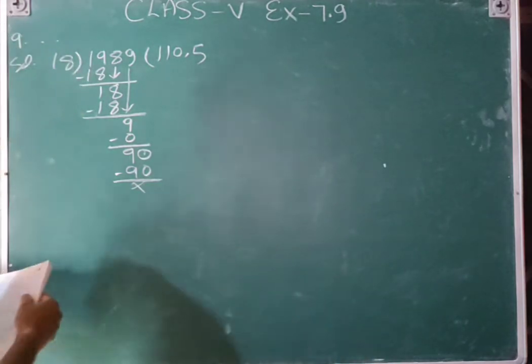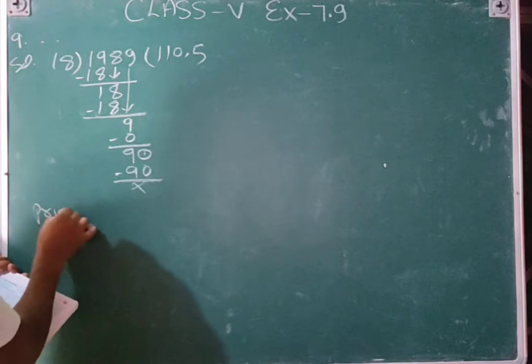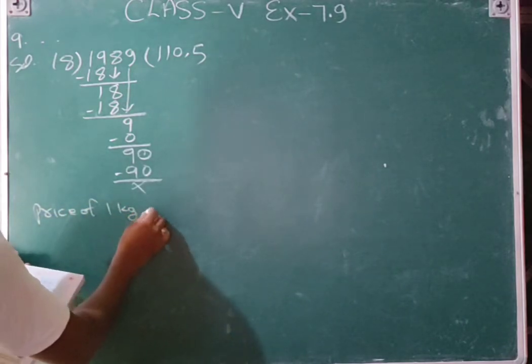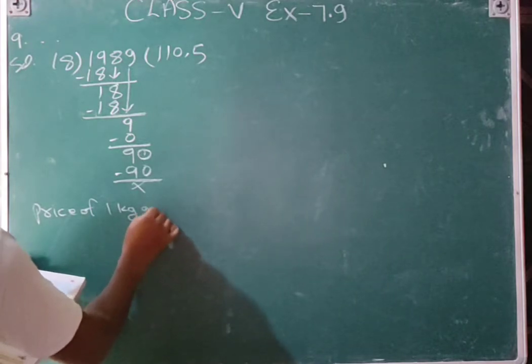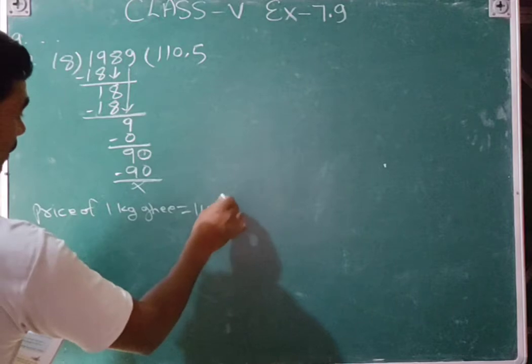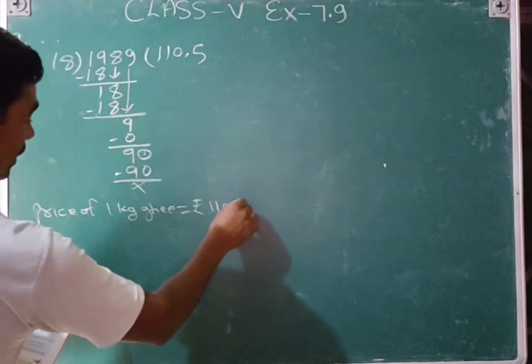So the price of 1 kg ghee is equal to rupees 110.5.